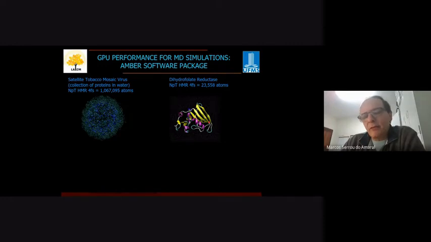On the right, you have a protein with more than 20,000 atoms. So it's not too small, but it's a small protein. Okay. In water, it's also possible to see the water here.